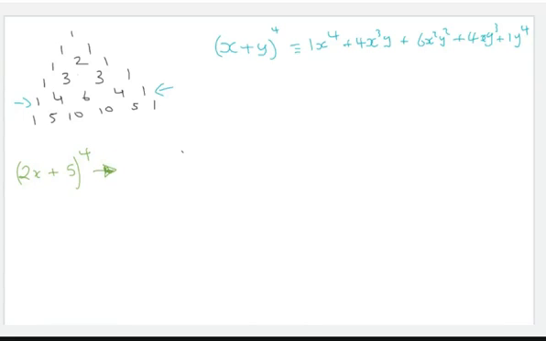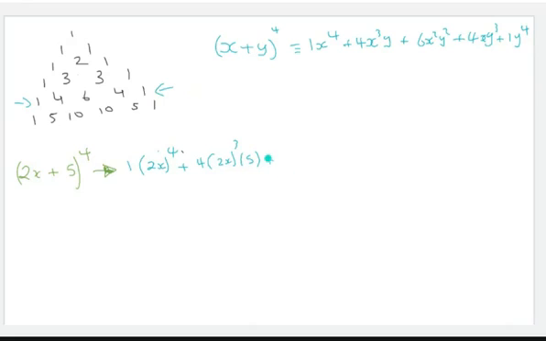That would be 1 bracket. Rather than writing x to the power of 4, this time x has been replaced with 2x, so we'd put (2x) to the power of 4. And then instead of putting 4x cubed, we'd put 4 and then (2x) cubed. And instead of putting y, we're going to put 5. Okay.